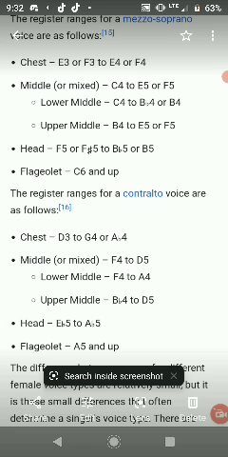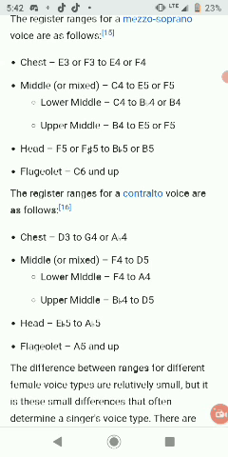I'm sorry. Contralto is actually D3 to G4 or A4 for their chest, and then the middle voice is F4 to D5, and then their head voice is E5 to A5.